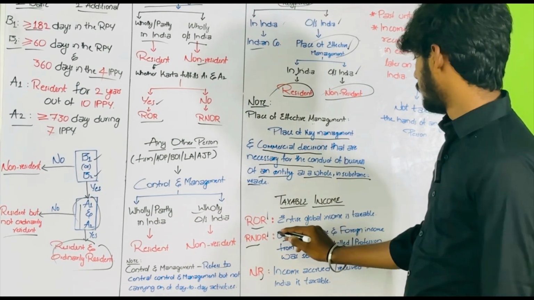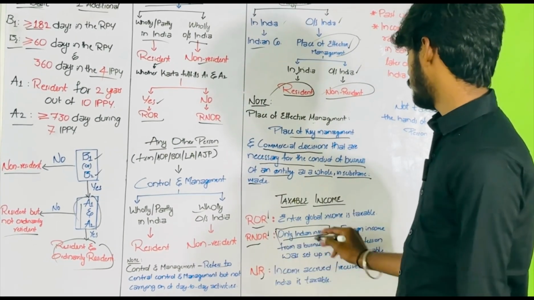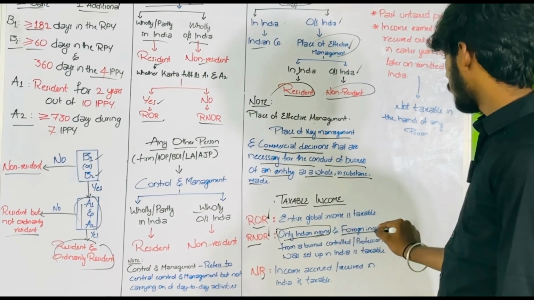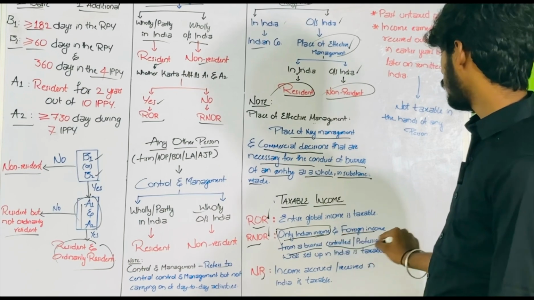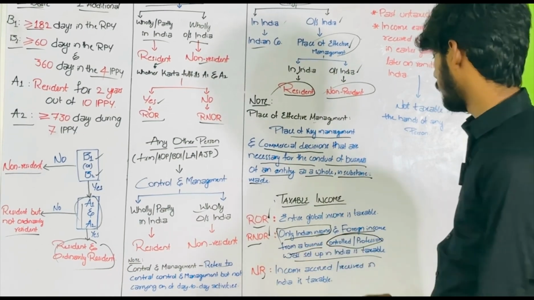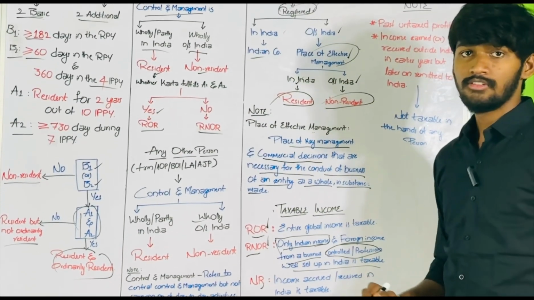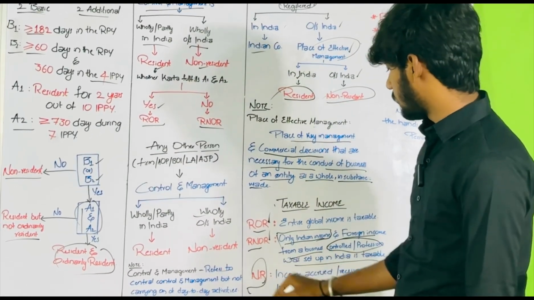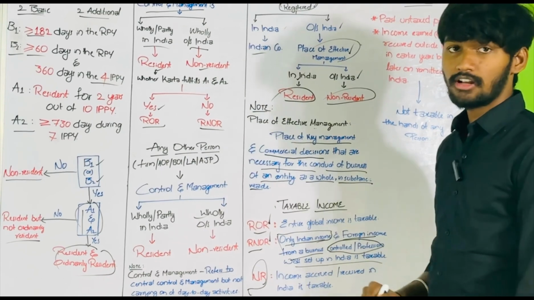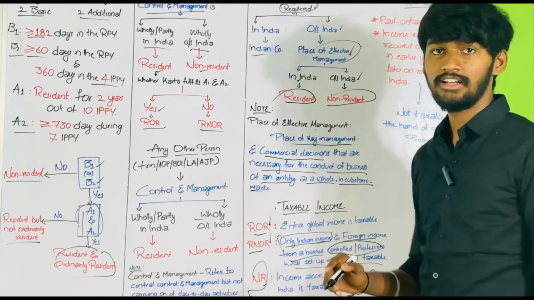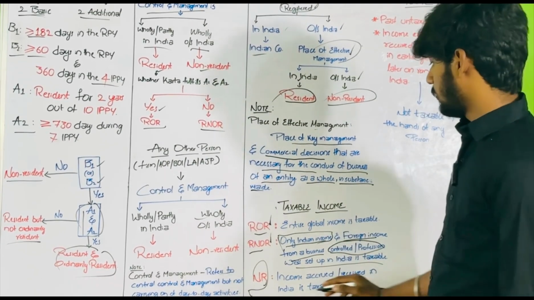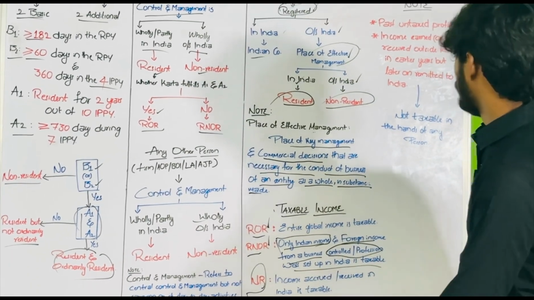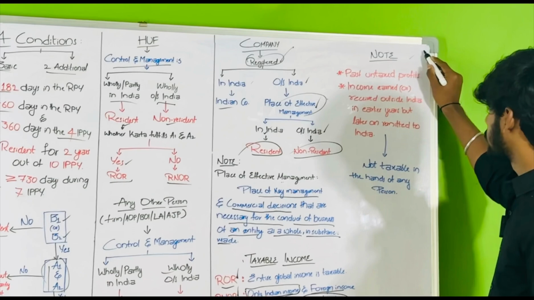That means Indian income is taxable in the hands of ROR and RNOR, but foreign income from a business controlled or profession set up in India is taxable in the hands of resident but not ordinarily resident. Coming to non-resident, only income accrued or arisen and received in India is taxable. Foreign income is not taxable in the hands of non-resident.